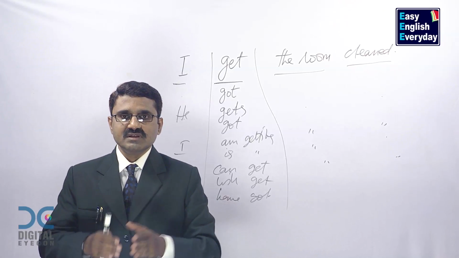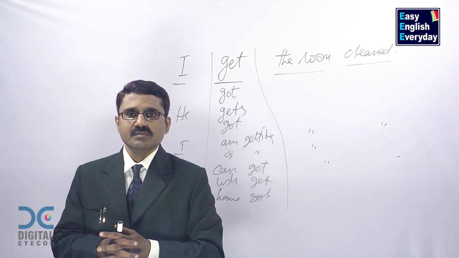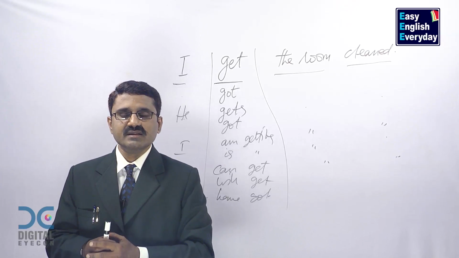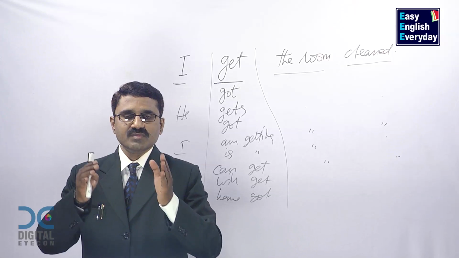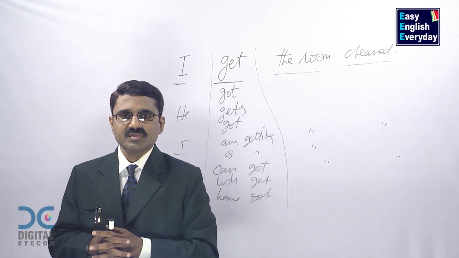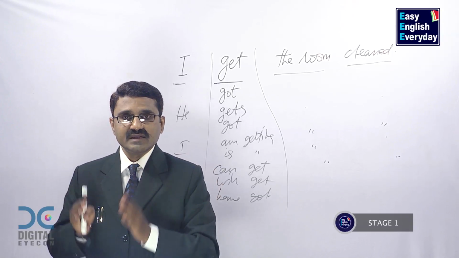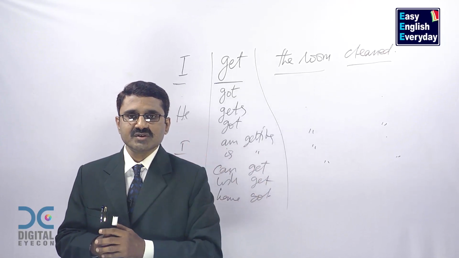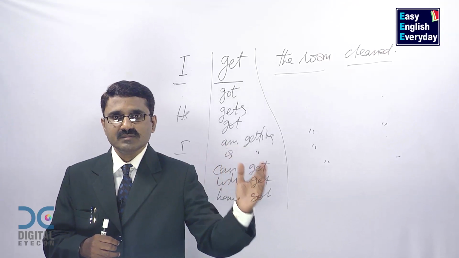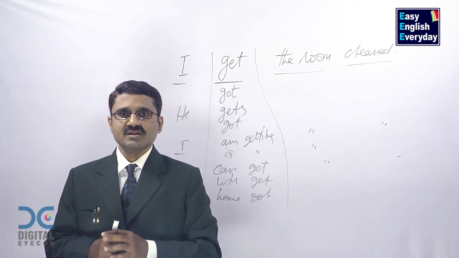I got the dances choreographed by a famous dancer in the film industry. Next month, I am going to get my movie censored by the censor board. I will get the movie released. I can get you punished. He got the lady abducted by somebody.